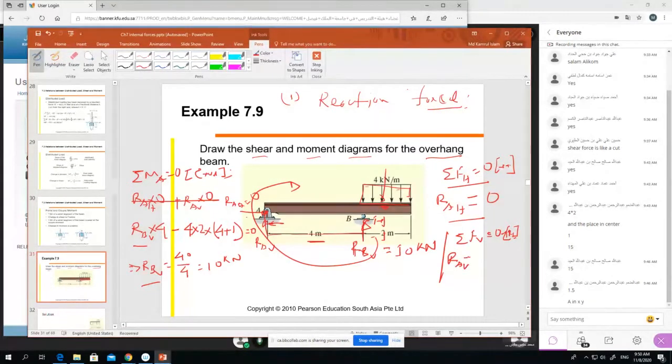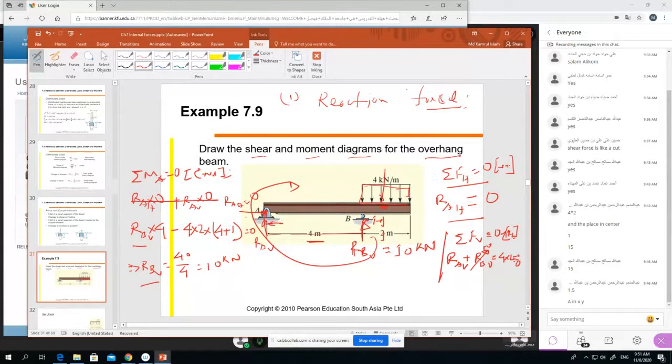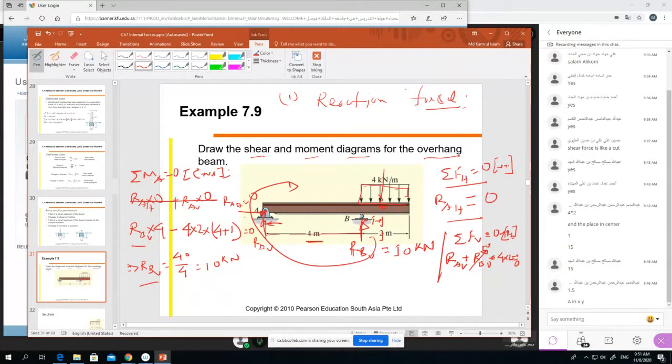RAV plus RBV minus 4 into 2 equal to 0, with the 10 kilonewton load. So RAV is equal to minus 2.